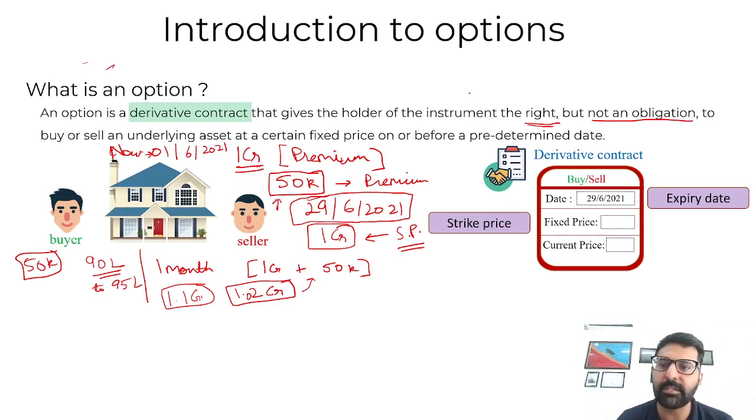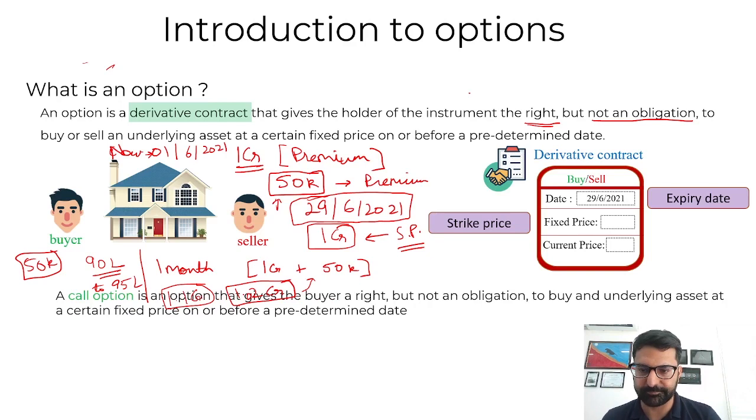There's no obligation to buy or sell an underlying asset at a fixed price on or before the predetermined date. In this case, the underlying asset is this house, and the derivative contract is the deal that has happened between the buyer and seller, and the predetermined date is basically your expiry date. Right. So I hope this concept is clear.